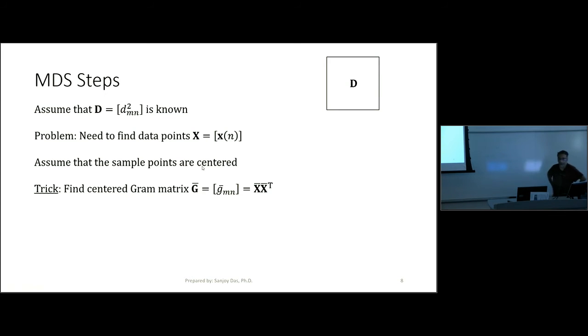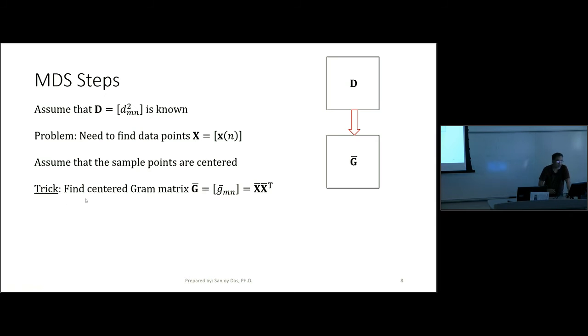And then the first trick is to find the Gram matrix. We need to find X bar actually. There's no way we can find X, so we need to find X bar, and what's known is the square distances. So this is how we do it.